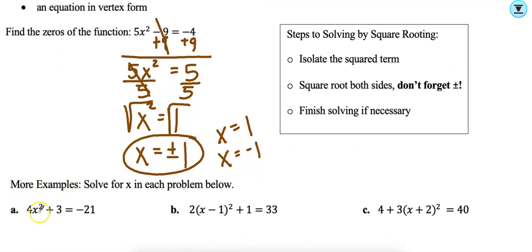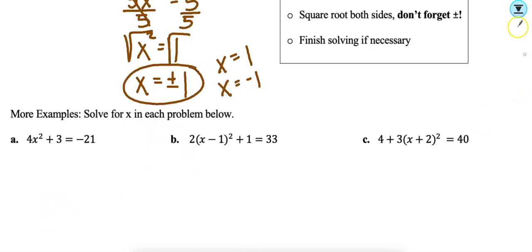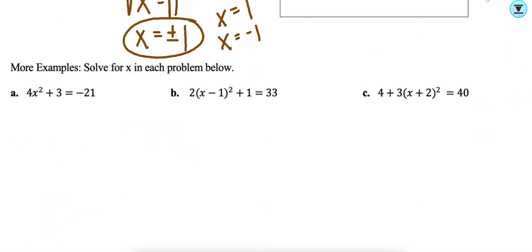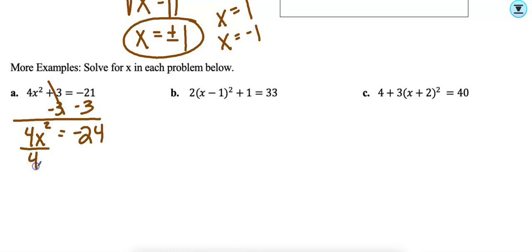On A, again, I have something with no x term, so this is good for square rooting. To get x by itself, we're going to subtract 3 on both sides. Negative 24 on the right would equal 4x squared. Divide by 4, divide by 4.